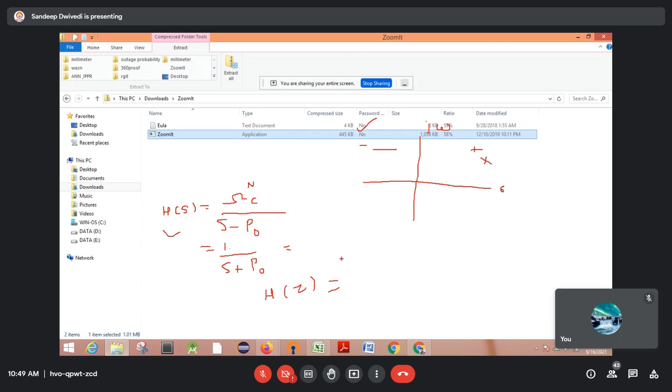We are using bilinear transformation, so you need to replace that s by 2 by Ts times z minus 1 upon z plus 1. So this will be 2 by Ts, with Ts as 1, then z minus 1 upon z plus 1.